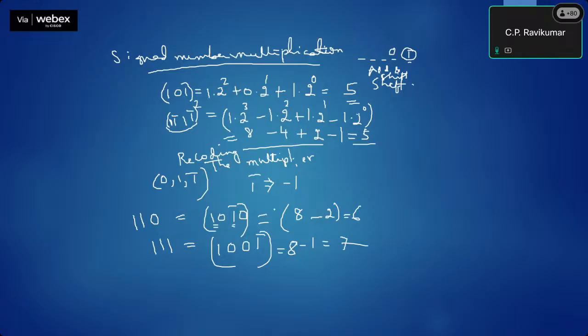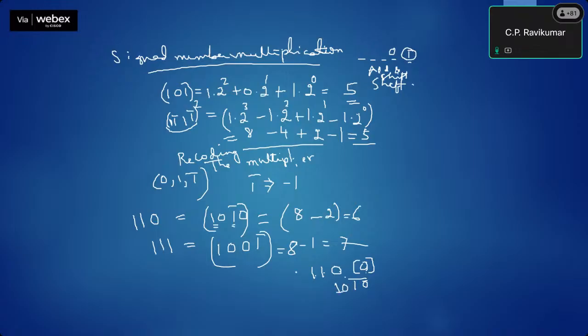So what you have to do is, suppose we take this 110. So you add a 0 at the end. Then 0 minus 0 is 0. 0 minus 1 is minus 1. 1 minus 1 is 0. And then 1 minus 0 is 1.